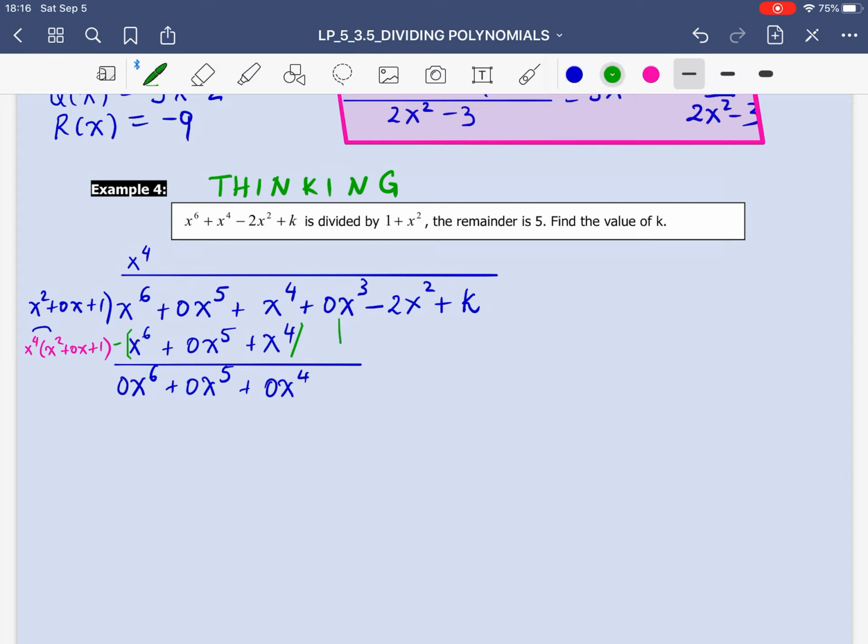We are going to bring down the rest of the terms. So we have the term 0x^3. Since we don't have any terms left in here, we're going to bring down the next term, negative 2x^2.